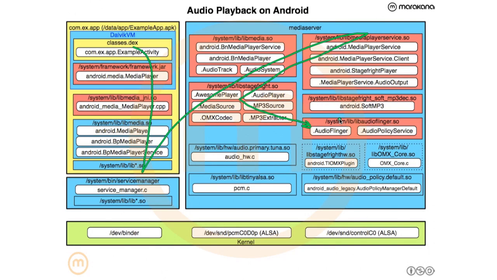What it does, at least in my phone, is go to an audio HAL, which is implemented in this library, which in my phone uses, again, the tinyALSA library to talk to this PCM-based ALSA driver that does the actual playback. Audio Flinger can do the actual mixing of the different audio right inside of its own thread. Of course, it's also possible for that to happen inside of the driver itself.